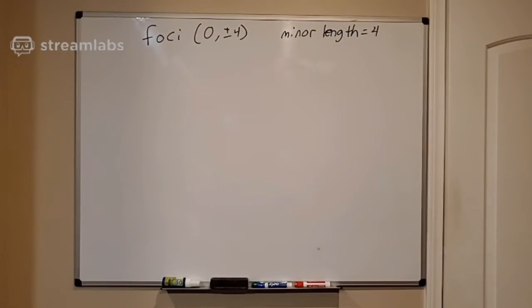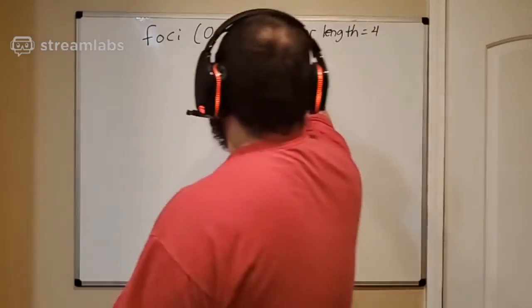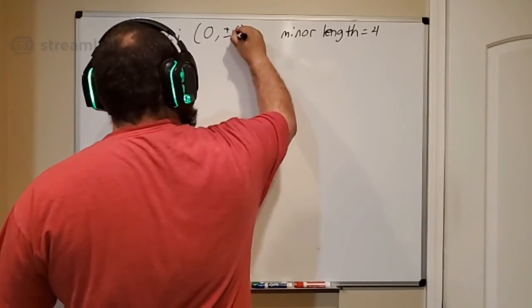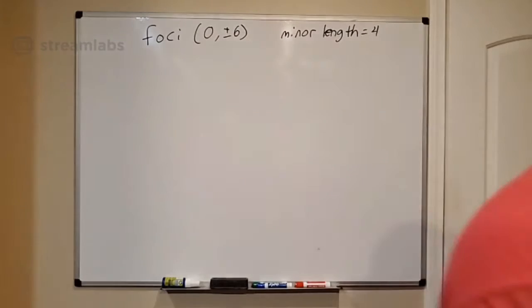Are you doing number 11 in the book? Yes, ma'am. The practice exercise? I looked at the wrong thing. It's 6, not 4, which is, I'm assuming, what you're referring to. Thank you. So the foci are at 0 plus or minus 6, and the minor axis is length 4.